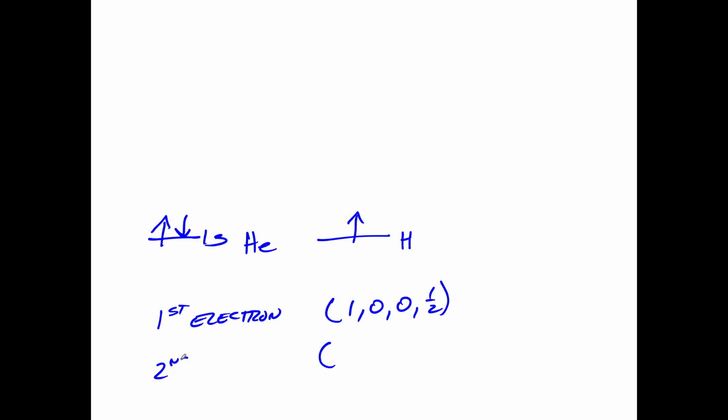The second electron in all the elements is 1, 0, 0, negative 1/2, pointing down. So this is hydrogen, this is helium. Assuming this is helium and this is hydrogen, I got them backwards. Sorry about that. I was trying to give you an idea of what this looks like. This is an orbital diagram.